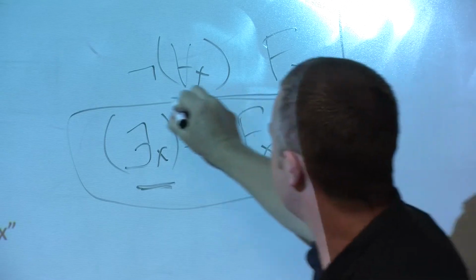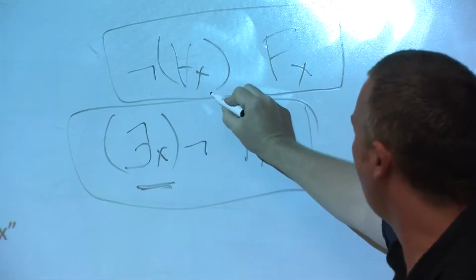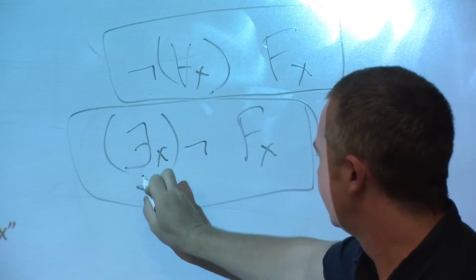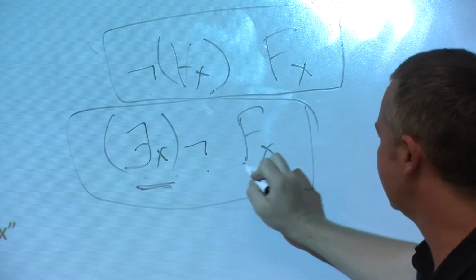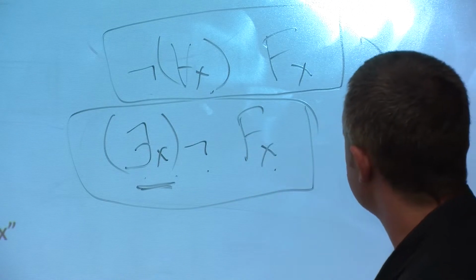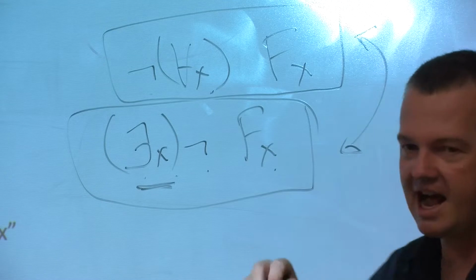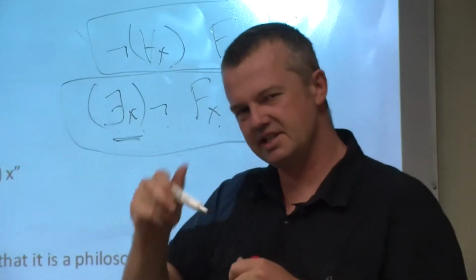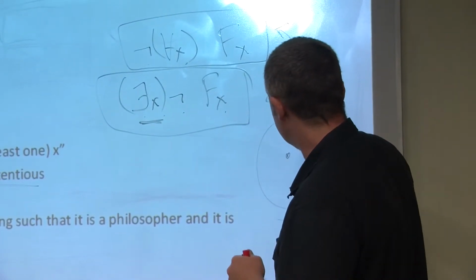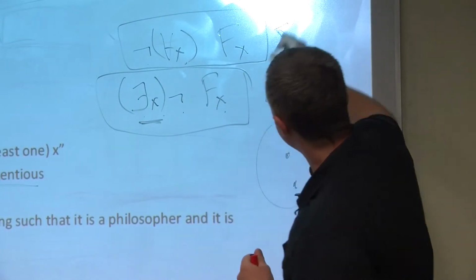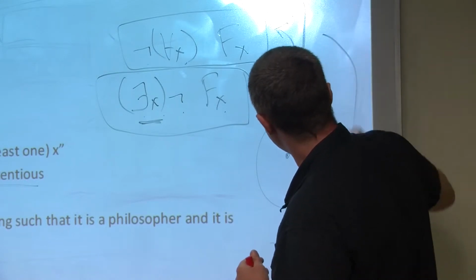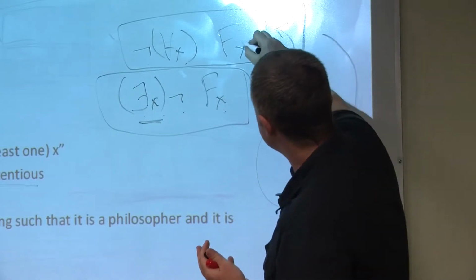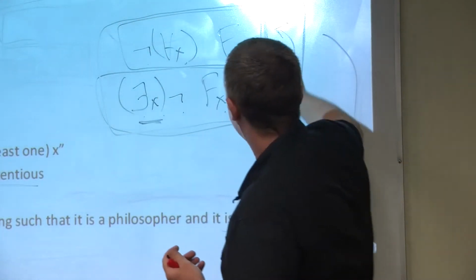So if we say it's not the case that for all x, x is friendly, and now look at this one, there is some x such that it's not the case that it's friendly. Turns out that these logically pick out exactly the same models. Remember we talked about models earlier with these little worlds and how the arrows are relating things, right? So these things pick out exactly the same models as one another. Turns out that these are logically the same claim.